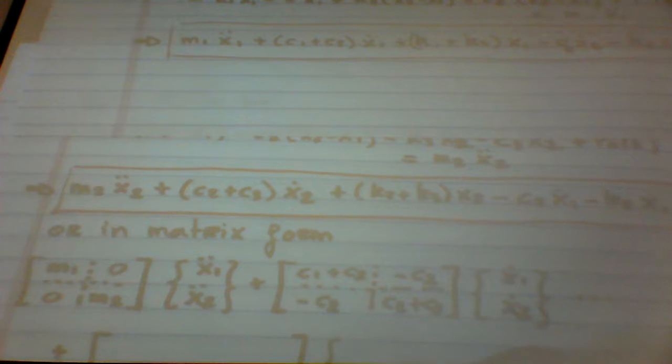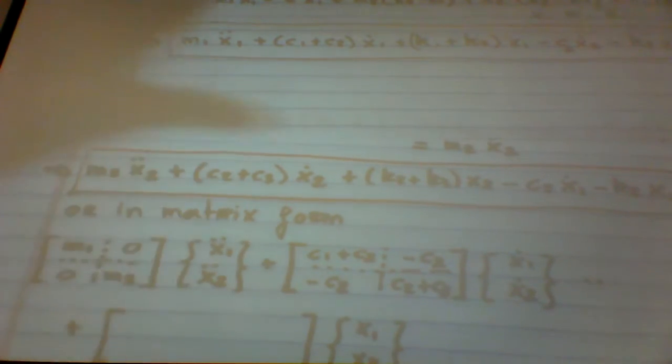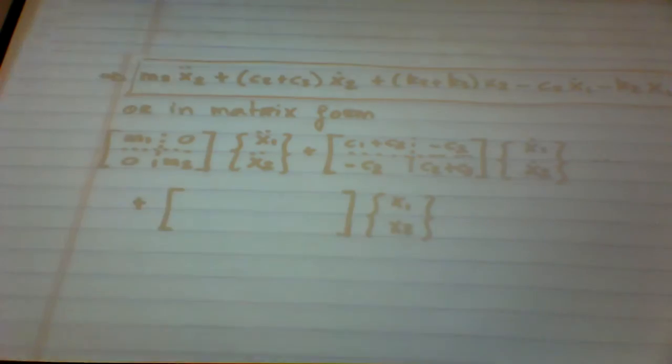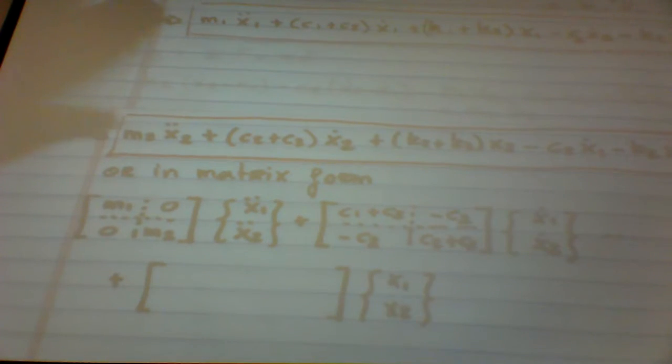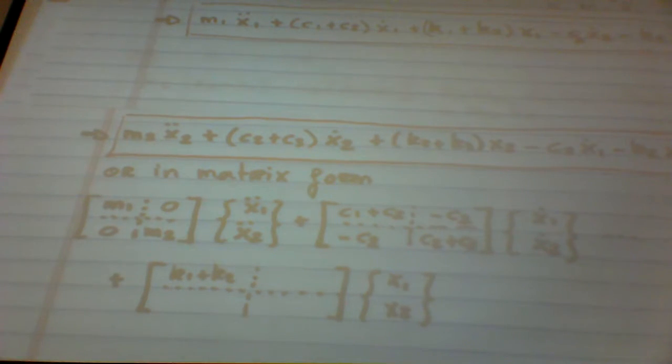We do something similar for x1, x2. What do you have for x1, x2? You'd have K1 plus K2. It should be similar to what you did with the damping, no?